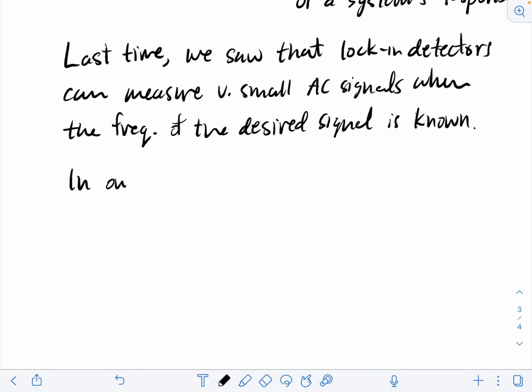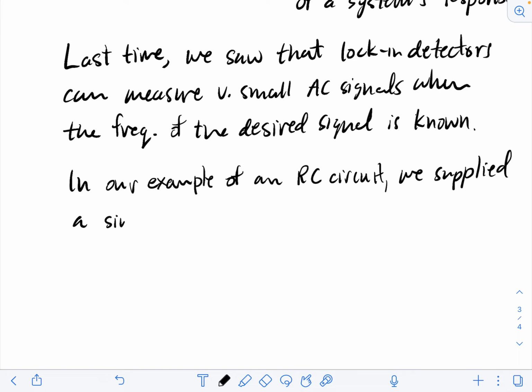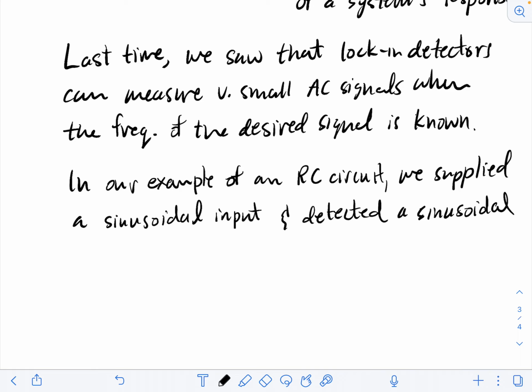In our example of an RC circuit, we supplied a sinusoidal input, in our case an AC voltage, and detected a sinusoidal output, in our case the voltage across the resistor.